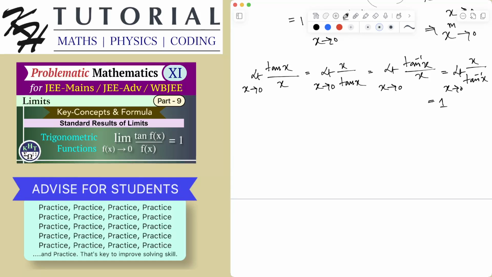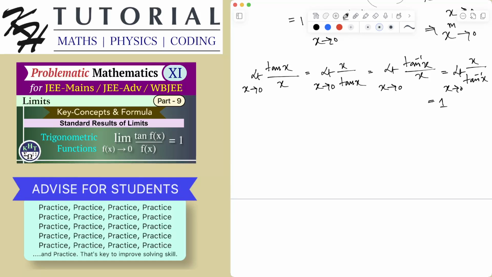So these are the standard results we all know, but in the general form of the standard result, instead of x it could be any function of x, that is f(x), provided f(x) tends to 0 at the given tending value of x in the problem.